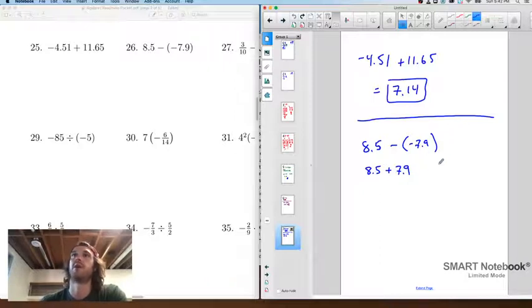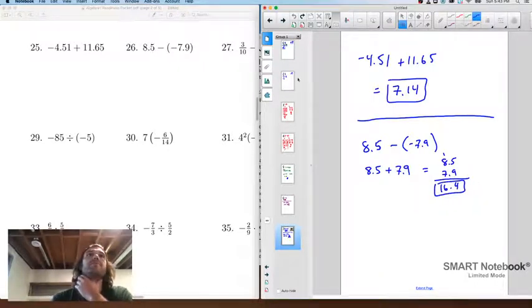So really, back in the day, you would have lined this up, 8.5 and then 7.9 like so. That's going to be 14. Carry the 1, 15, 16, and drop the decimal down, 16.4. Looks good to me. That's our answer.